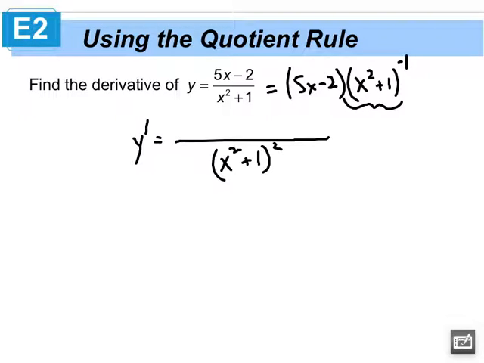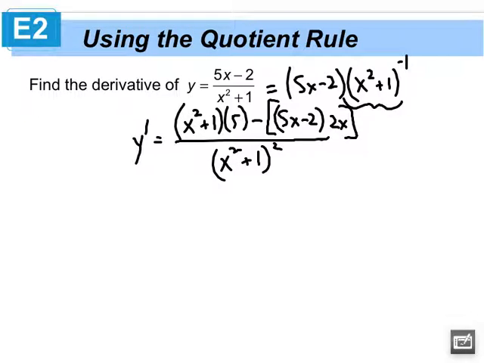Then take that denominator and write it up on top. Okay, so square it on the bottom, write it up on top, times the derivative of the numerator, minus the big honkin' brackets, which are so important, the numerator times the derivative of the denominator. Close your brackets. Okay. Same thing with the product rule.